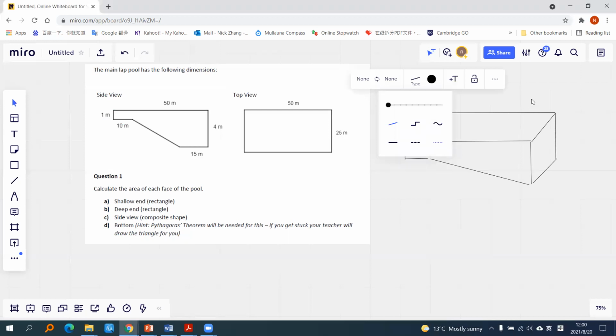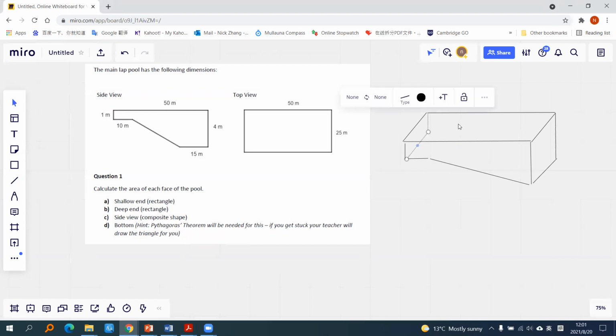A dashed line means we cannot see it directly, so that one would be at the back. So that's a dashed line here. I think I have one more dashed line as well. Let me connect this one.